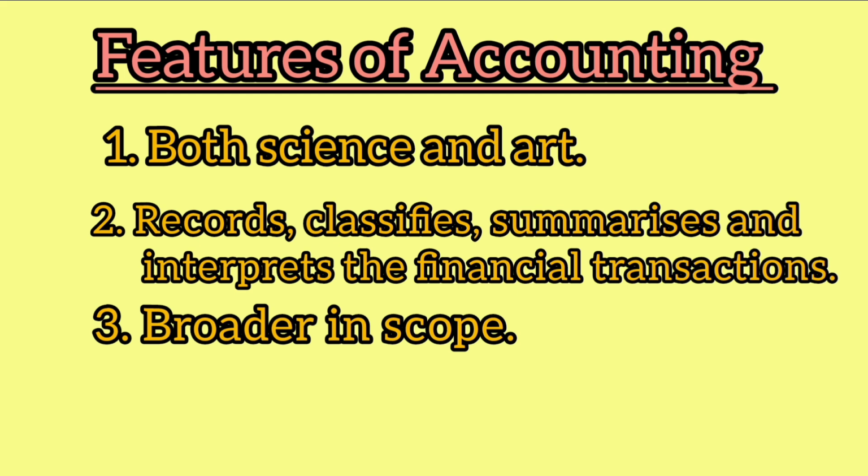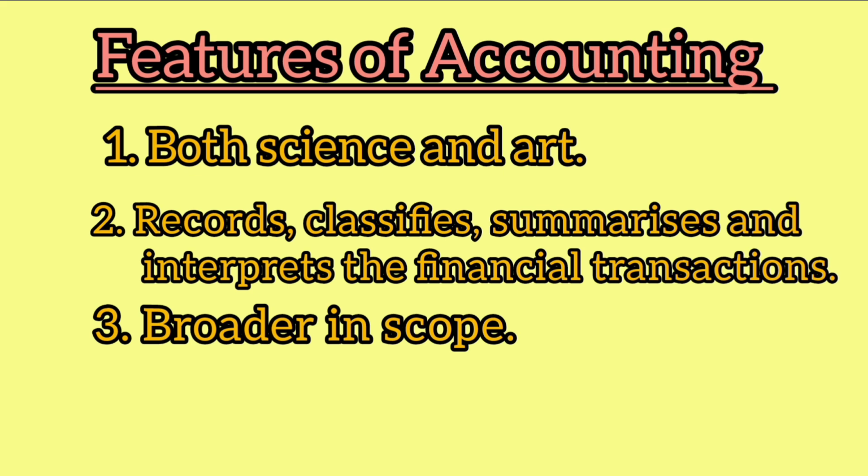Now, why is accounting also treated as an art? The main objective of an accountant is to present the financial statements in such a manner so that he can communicate that information to its interested audiences or the interested parties. So this communication is done in a very creative manner. In short, we can say that accounting is a mix of both science and art.